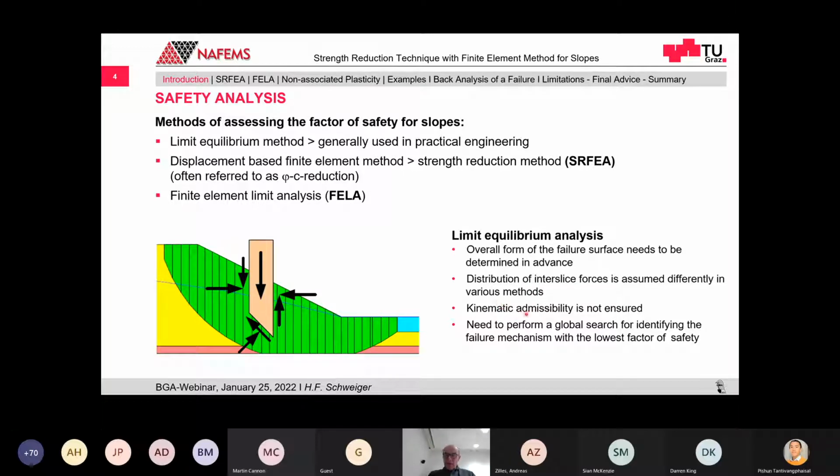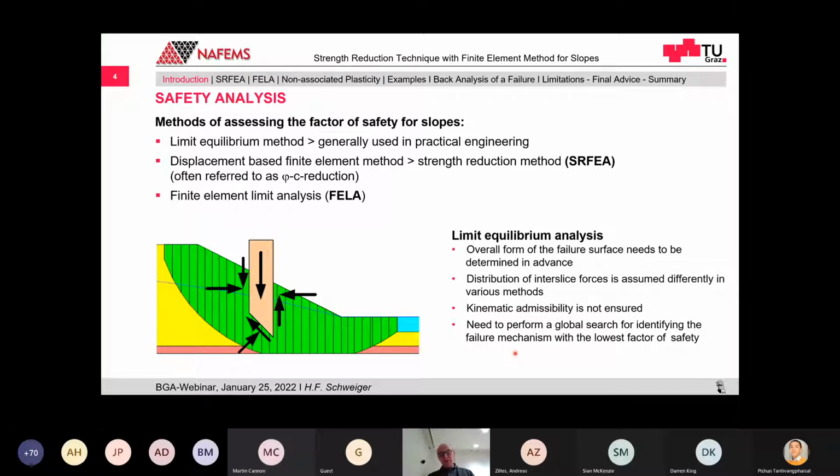Now, sometimes the kinematic admissibility is not ensured, and then you need to perform a global search for identifying the failure mechanism with the lowest factor of safety. So you are defining basically the form of the failure mechanism, and the program then looks for you which one has the lowest factor of safety.